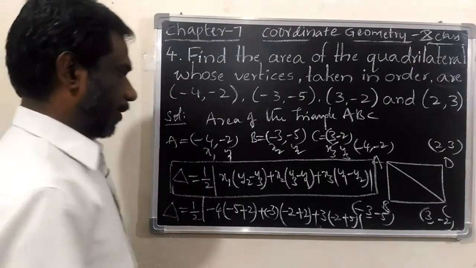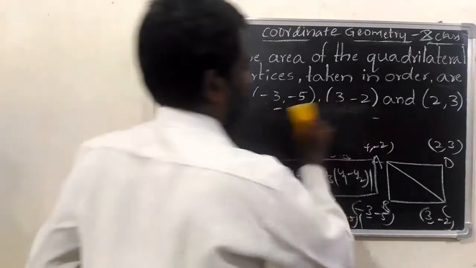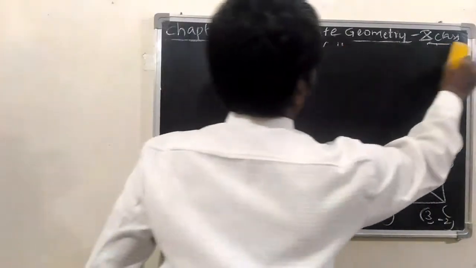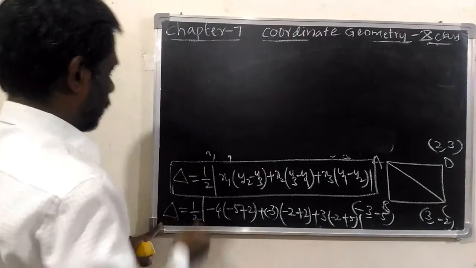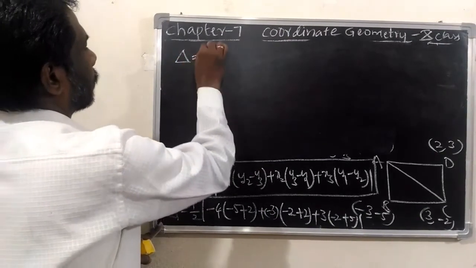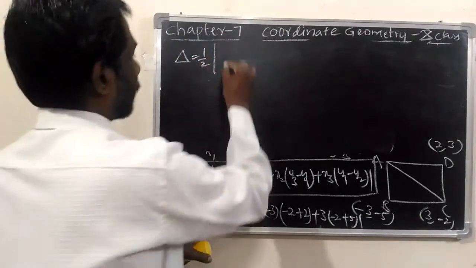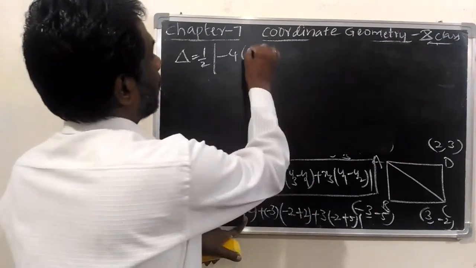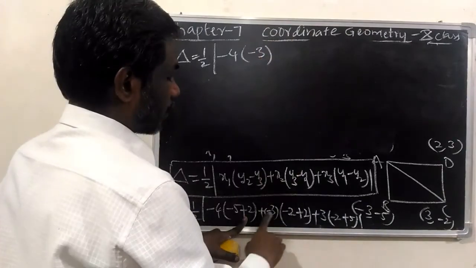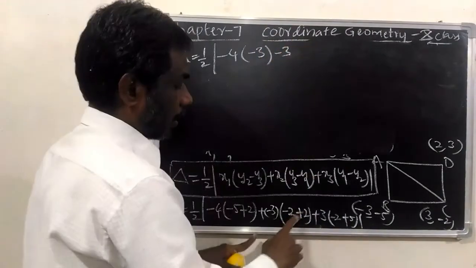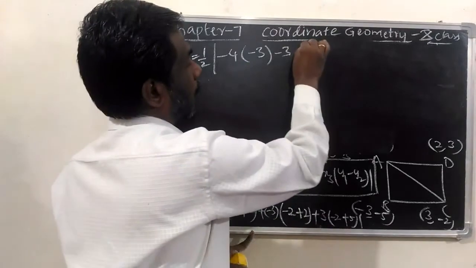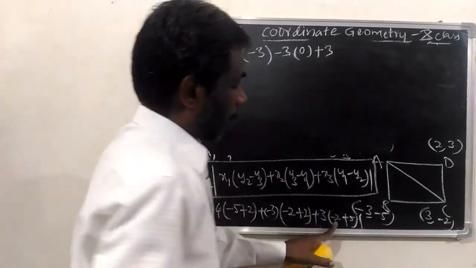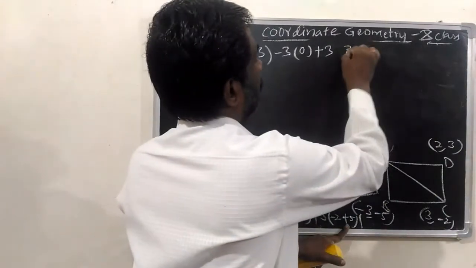So after this we simplify it. Delta is equal to half mod of -4 into -5 plus 2 is -3, plus -3 into -2 plus 2 is 0, plus 3 into -2 plus 5 is +3.